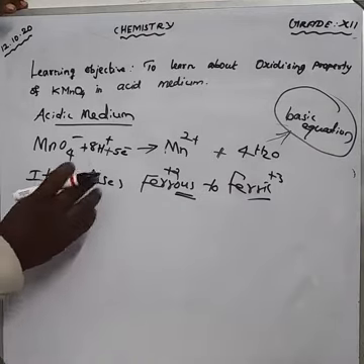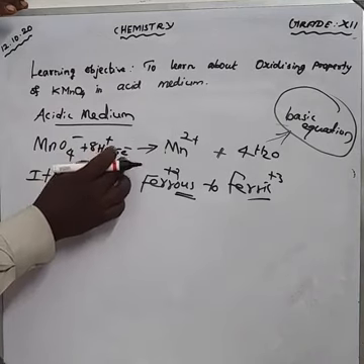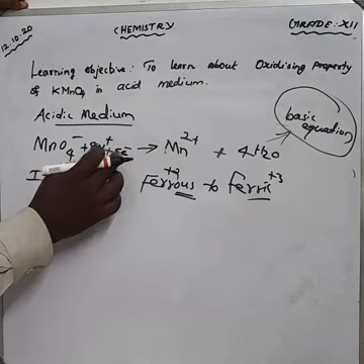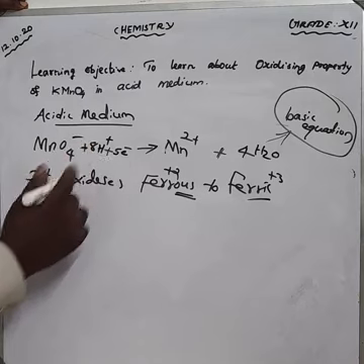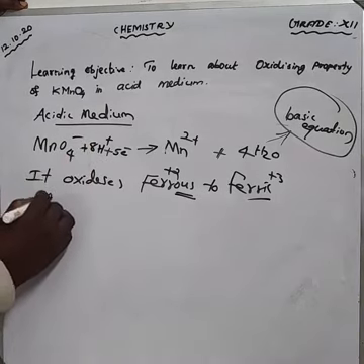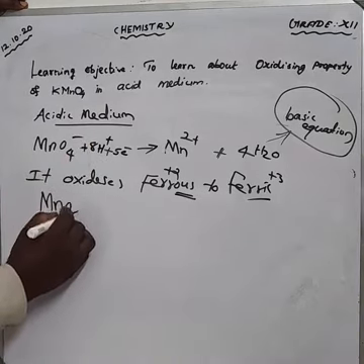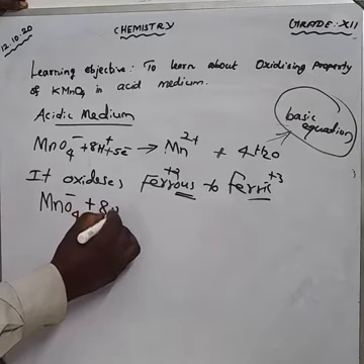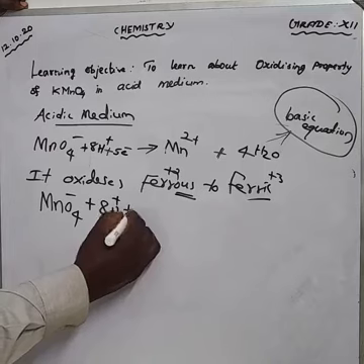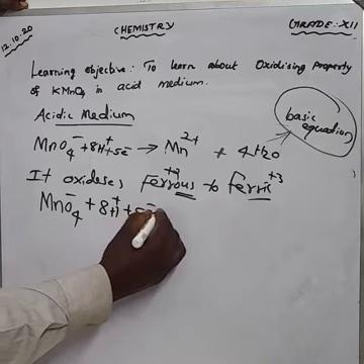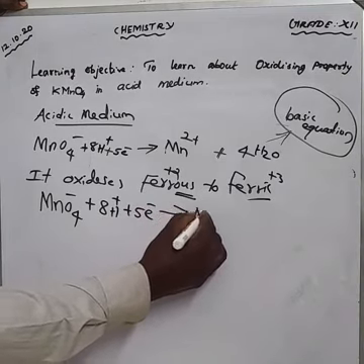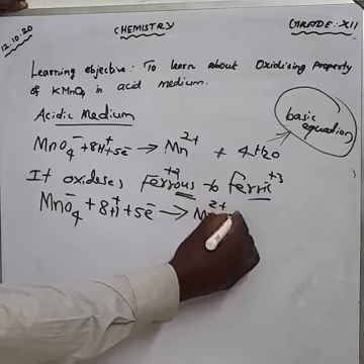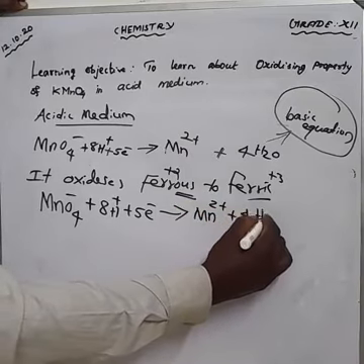For each conversion, you should write the basic equation first. That is MnO4 minus plus 8H plus ion plus 5 electrons gives Mn2+ plus 4H2O.